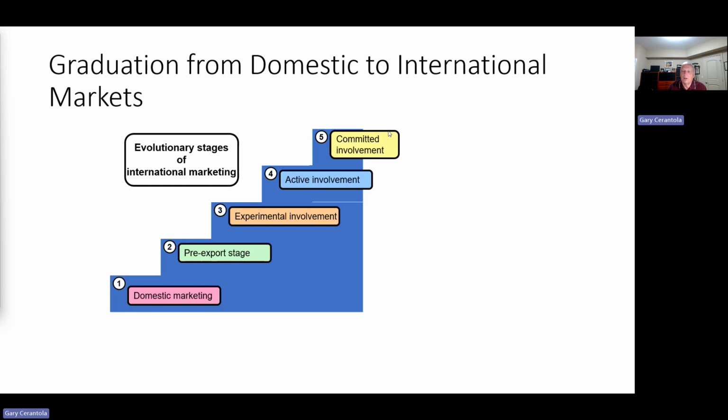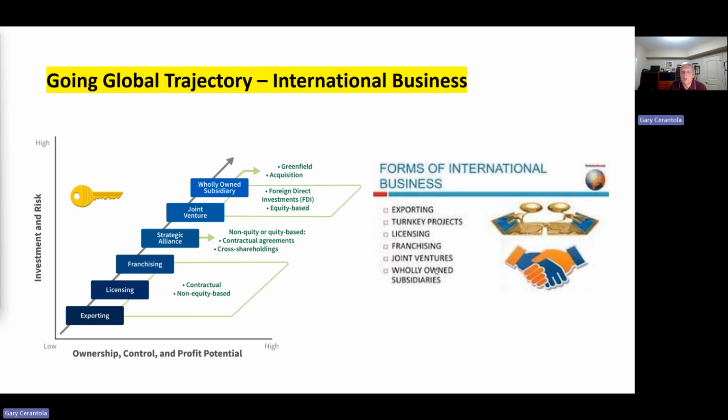Then to the point of committed involvement, where you have more infrastructure in the area you want to export to, and you may even decide to do local manufacturing in that foreign area to get the most out of it. But it's walk before you run. That's really what it's all about.